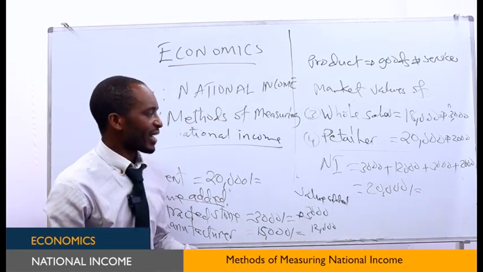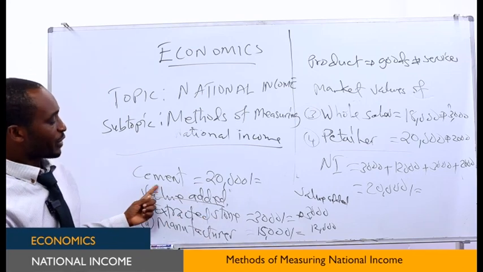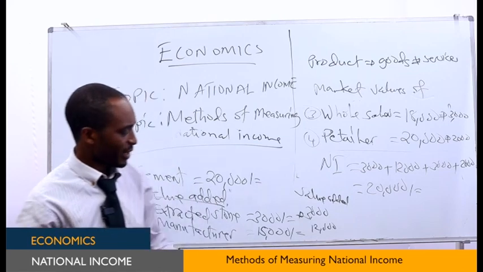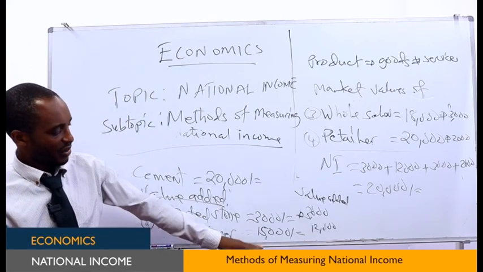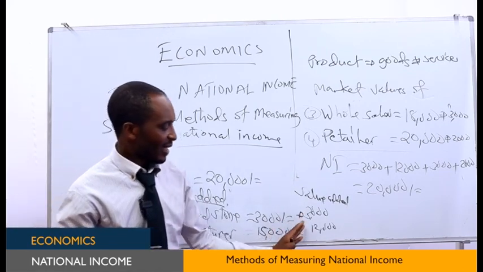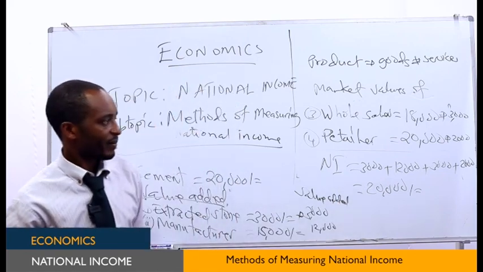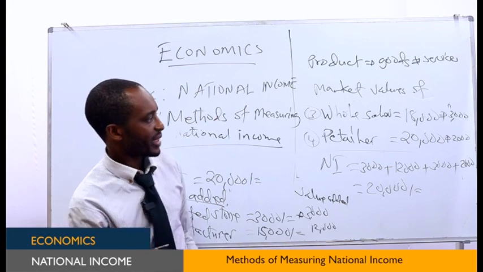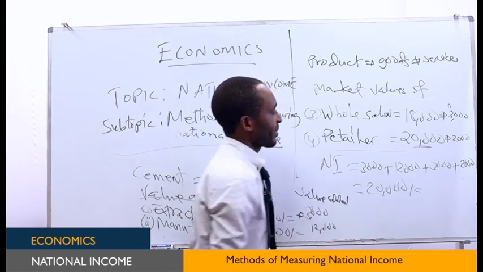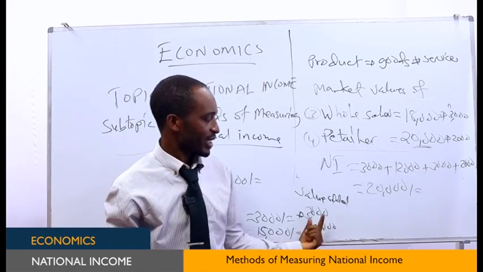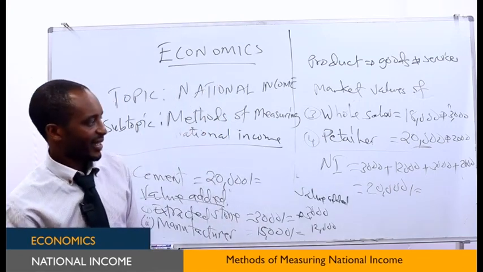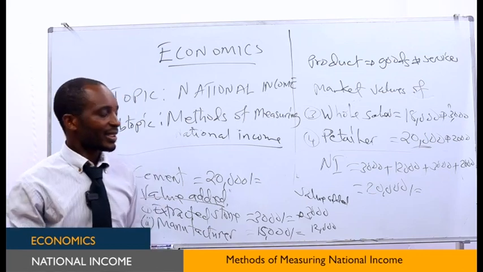So if our economy is producing only one commodity, which is cement, the national income will be 20,000. So by using the value added method, you do it like this, by adding the value added in each stage. Or you can take just the final price, which is the retailing price of 20,000, which is the same as the sum of the value added in each stage. So that is case number 1.